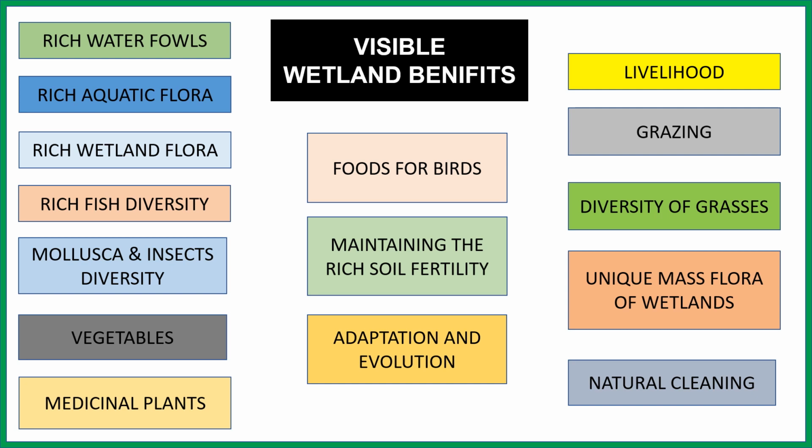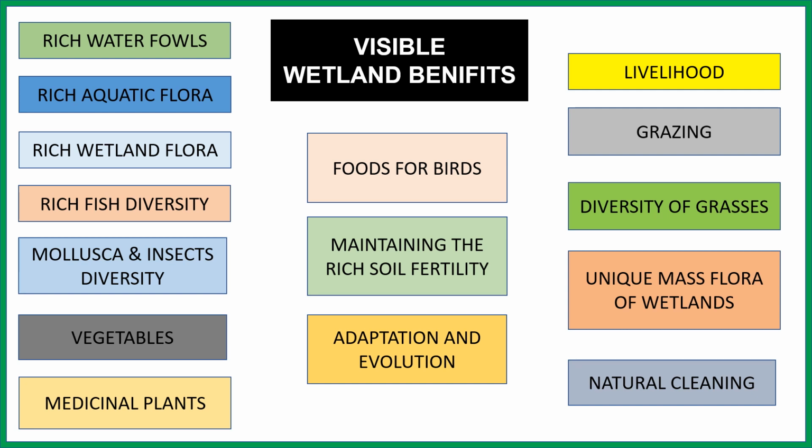So there is a diversity in the feeding system of so many birds, and you can observe in wetlands that many migratory birds come and feed upon the diverse fauna and flora.